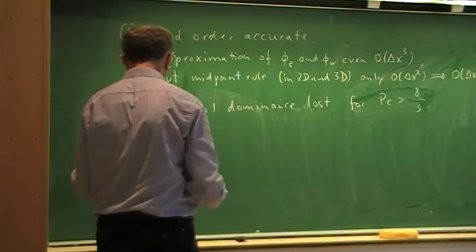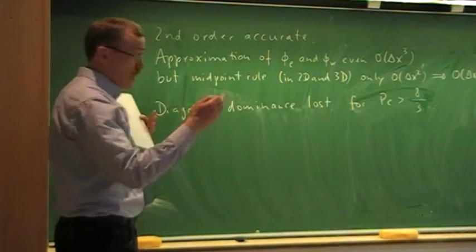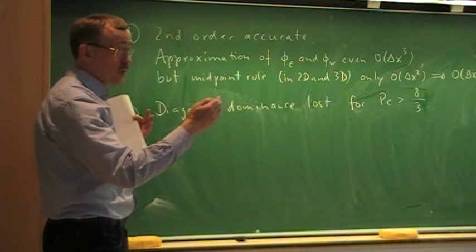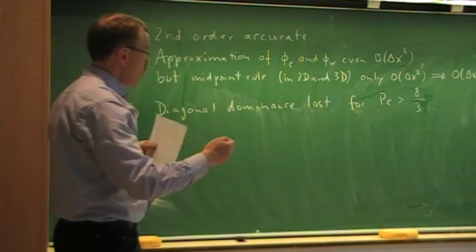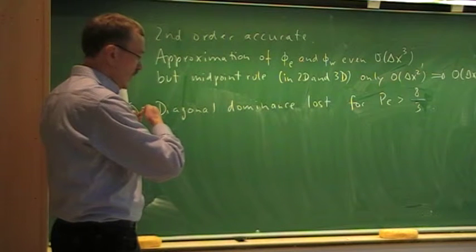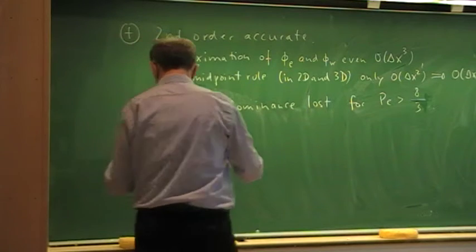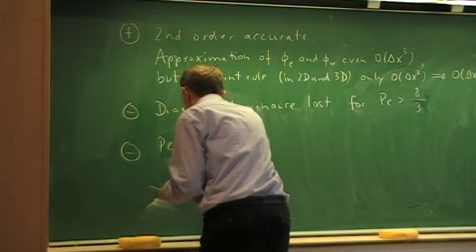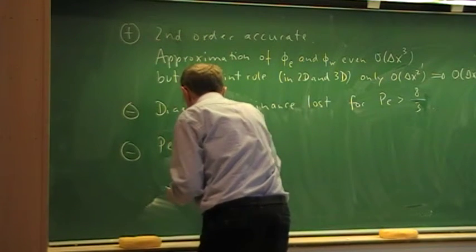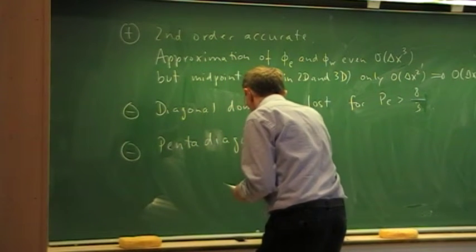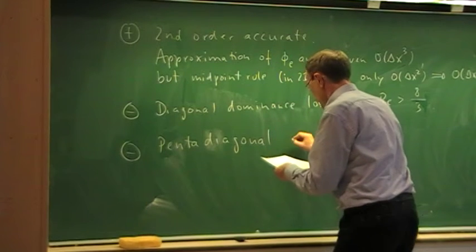The other disadvantage is that we now get, in the general case, a pentadiagonal matrix, not a tridiagonal matrix, because we have in any case either the west-west or the east-east node involved. So we get a pentadiagonal linear system.